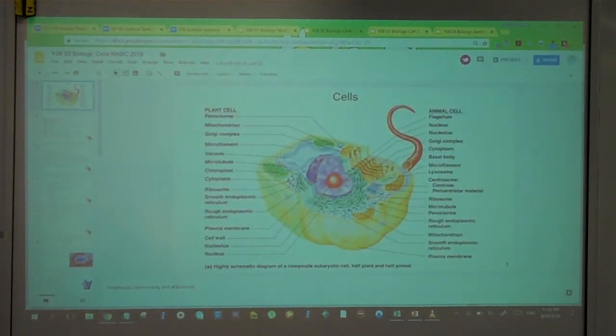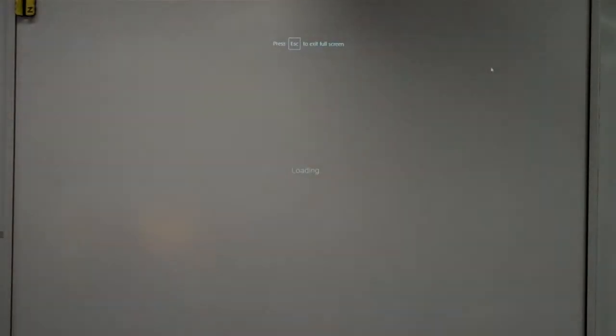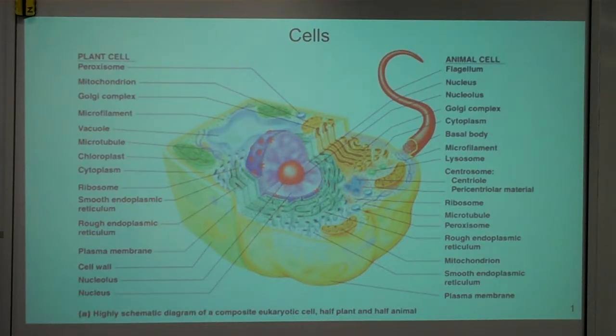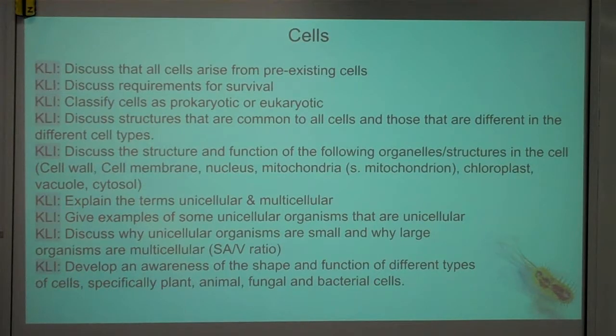Now, the cells slideshow is the majority of the work that we have done. Okay, it's large. There's a whole lot of things there, but you don't need to know very many of them. There are your key learning intentions, extensive, and there's more than one page.